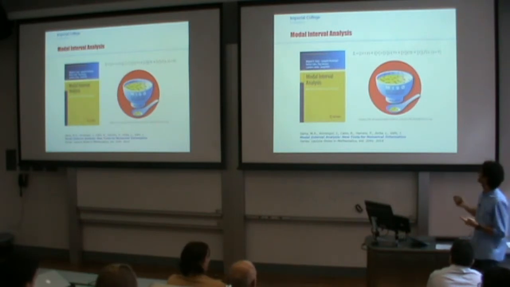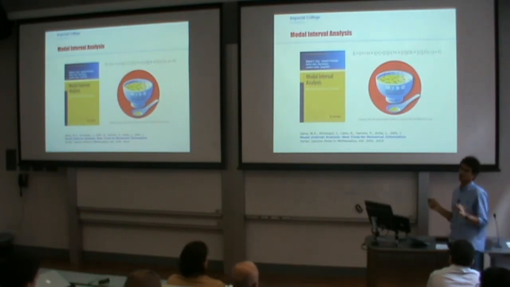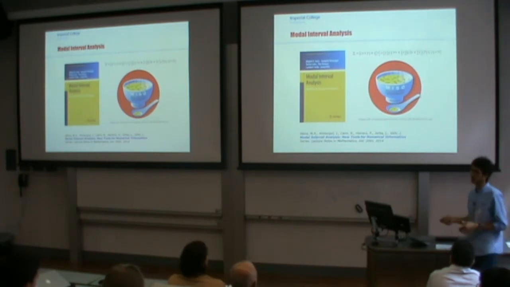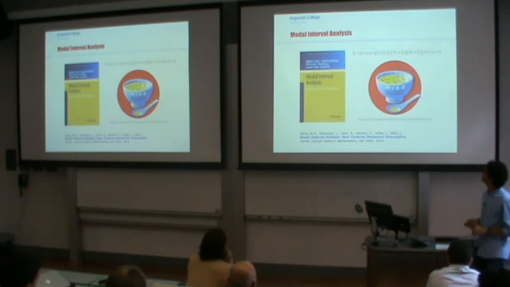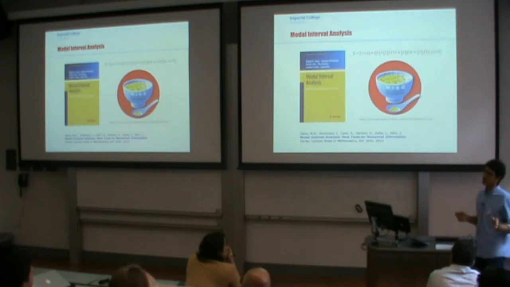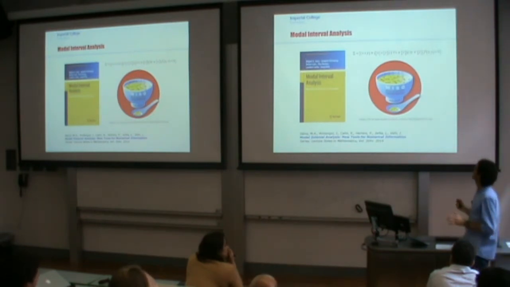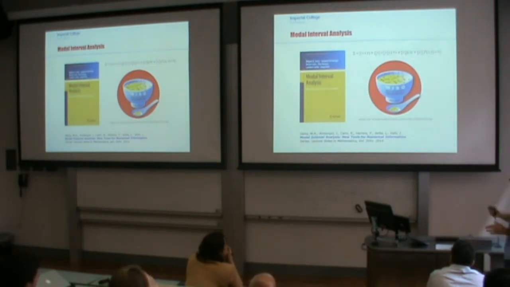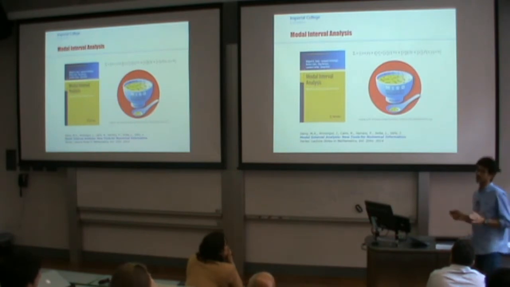That allows you to use the theory, because the theory can be very nice, but if you don't have algorithms to use it, it is quite useless. The main difference between modal interval analysis and classical interval analysis is that we can solve problems of this type, so we can have quantification of the uncertainty.